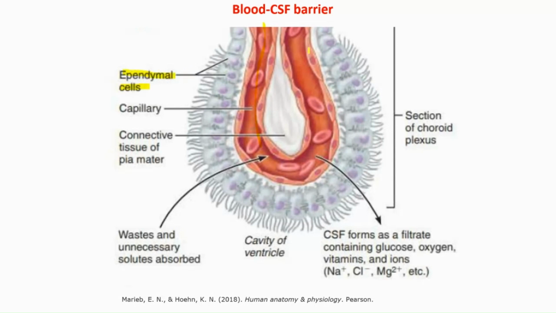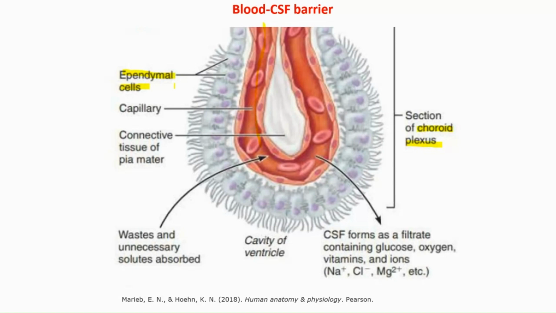So again, the whole choroid plexus is composed of three important structures. First of all, the capillary with endothelial cells and the basement membrane, and the epithelial cells, which are the ependymal cells. Endothelial cells because these are inside, and epithelial cells because they are outside.